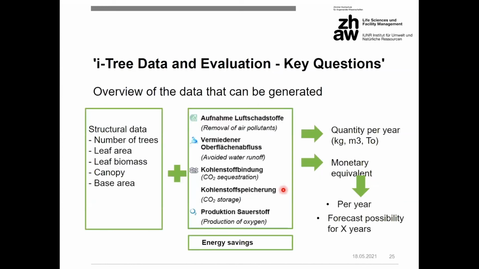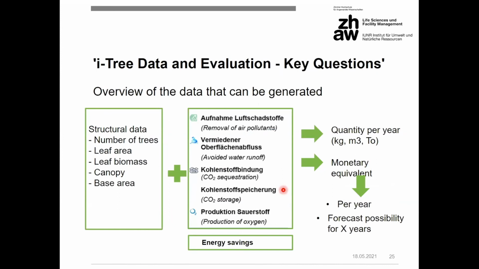So iTree data and evaluation, the key questions, the overview of the data that can be generated. What we have to provide to the program is the structural data and so on, and location, of course.